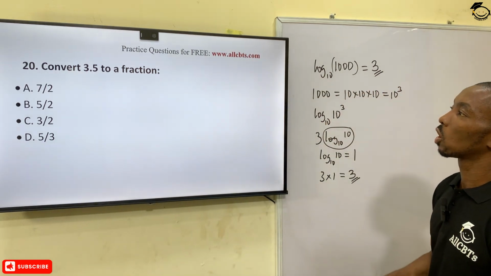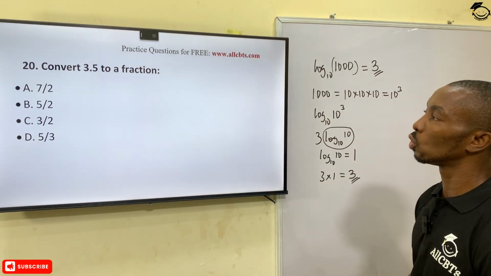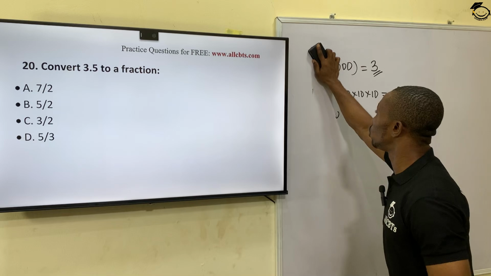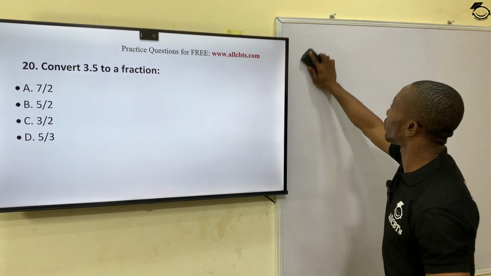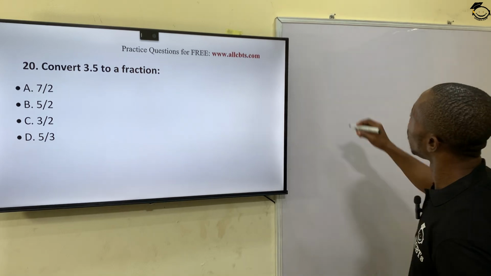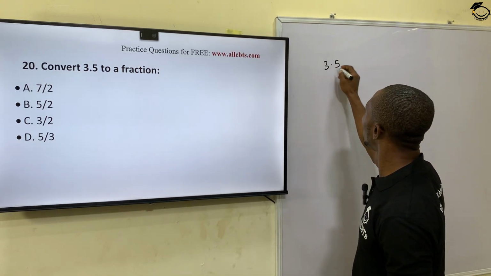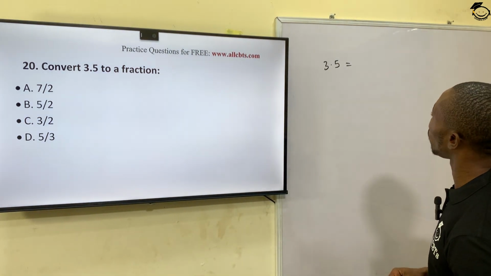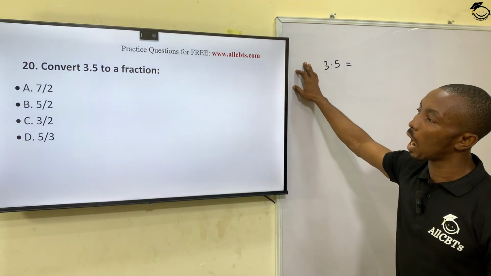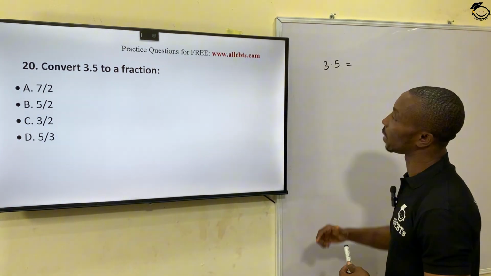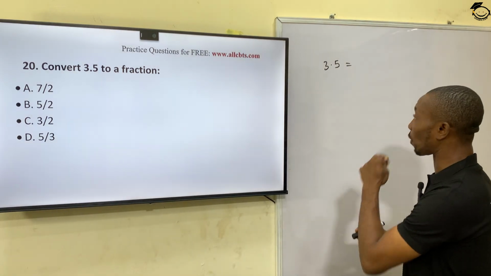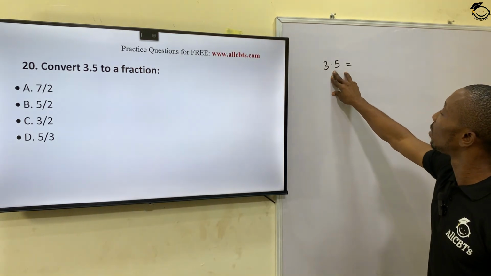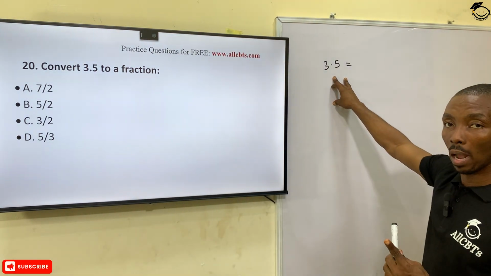Now, it says convert 3.5 to a fraction. We are converting from decimal to a fraction. We have 3.5 as our decimal. From here we can see that we have the whole number aspect and the fractional aspect. In converting this to a fraction, how many digits do we have after our decimal point? 1.